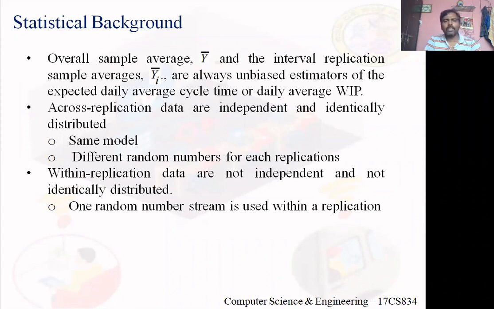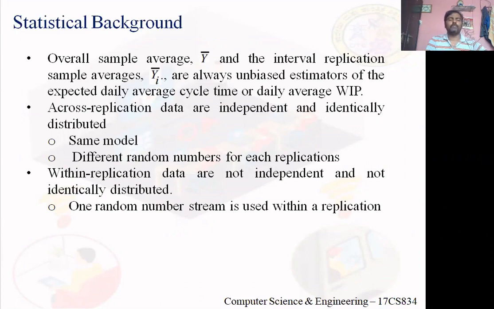Within replication, data are not independent and not identically distributed. Within replication means within the same run. Got it? So initially I will specify some initial condition and I will generate some random input through a random number generator. And for that random number generator, there is the seed we are going to give.